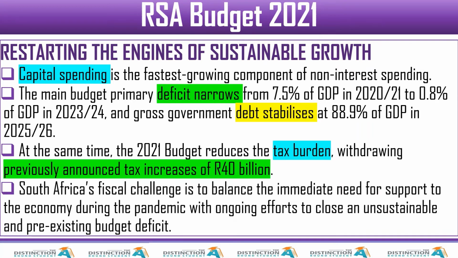Okay, let me not spend much time here. South Africa's fiscal challenge is to balance the immediate need, which is always a problem. The immediate need for support to the economy during the pandemic, with ongoing efforts to close an unsustainable and pre-existing budget deficit.